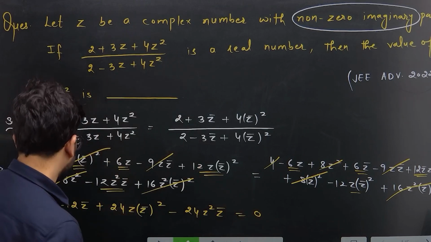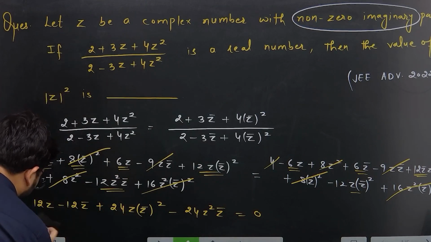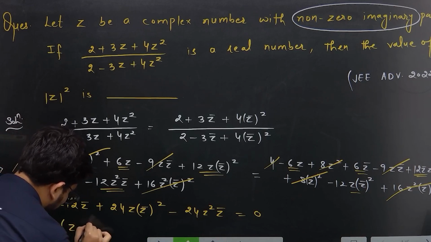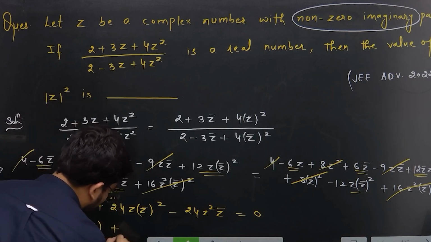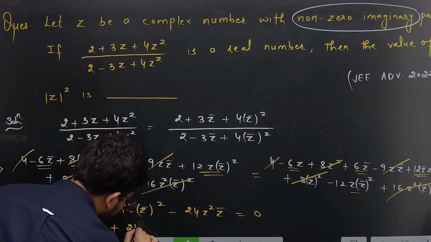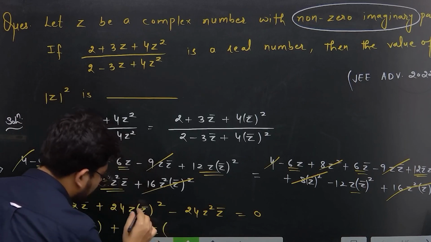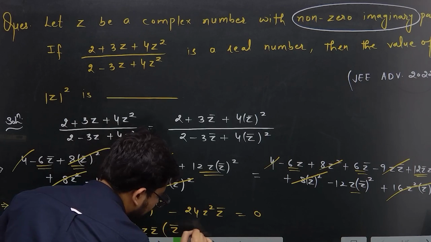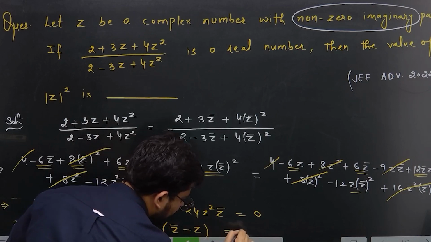Clear everyone? Now you can observe, you can take 12 common, so this is 12(z minus z bar). You can take 24zz bar common, that is (z bar minus z), is equal to 0.